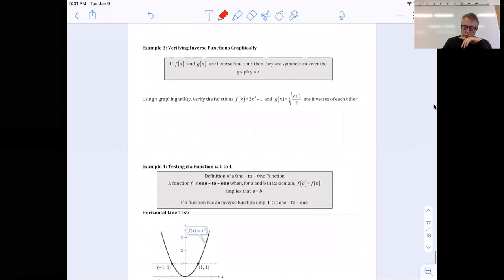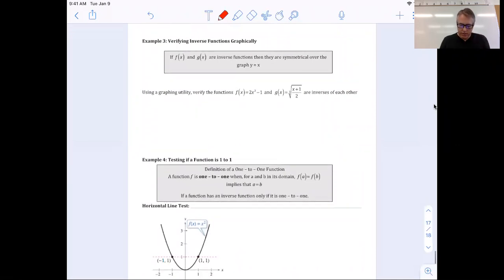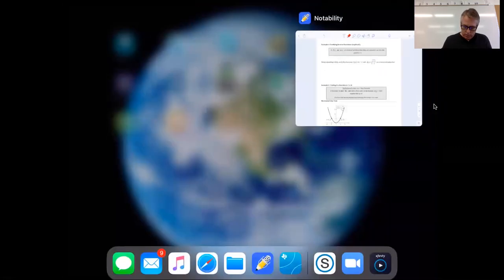So graphically what happens, it's asking us to use a graphing utility, and we're going to graph these 2 functions. So I got to write them down because I didn't write them down. So we have 2x cubed minus 1 is going to be our first function. And then the cube root of x plus 1 over 2 will be our second function. I'm going to graph those on my graphing calculator.